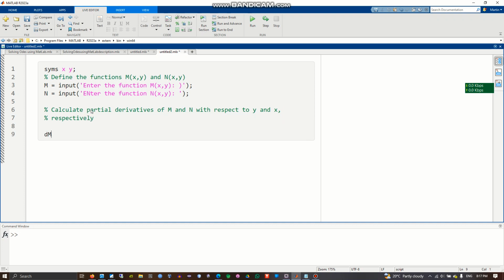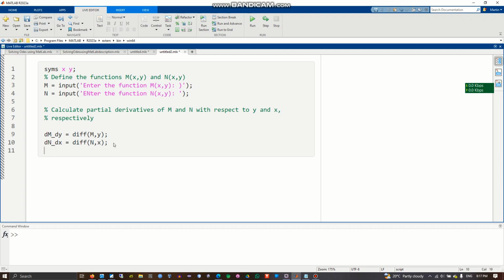So let's have dMdy, and we'll make use of this function, then we have dNdx. What this function does is get the partial derivative of M with respect to y, and the partial derivative of N with respect to x. Then we are storing them in the variables dMdy and dNdx.